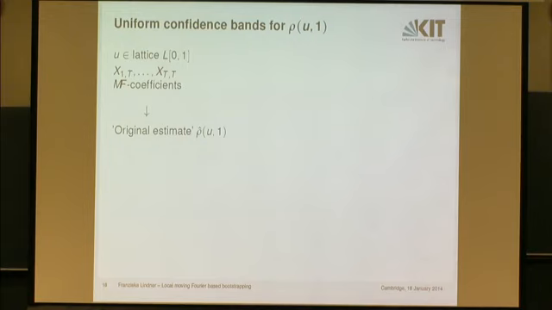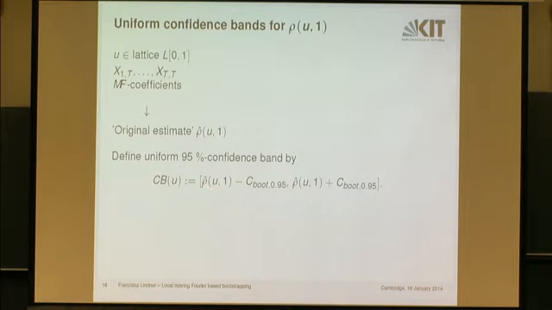And then you construct the confidence interval just by using this estimate plus minus some constant. Now the question is, how do we get this constant in order to make it a uniform confidence band? I exemplarily picked a 95% confidence band.